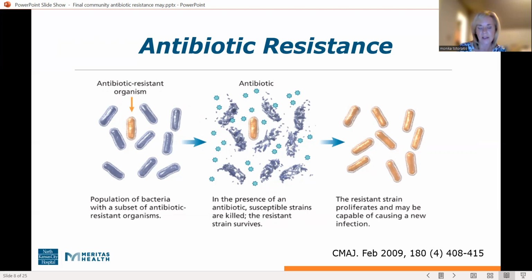But by doing this, it allows the more resistant strain, the one that pushes back the antibiotic, to remain present. The resistant strain can proliferate, or keep multiplying, and this will be the majority of the bacteria there. This is now able to cause a new infection.